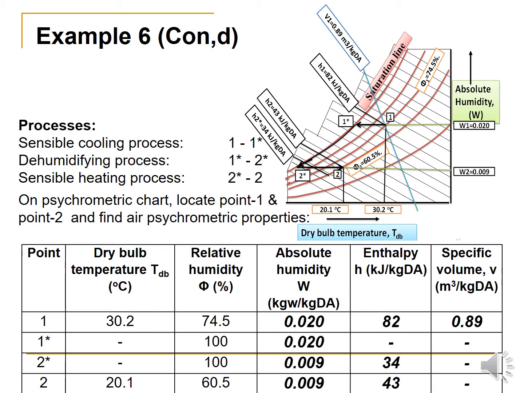At point number 2, the dry bulb temperature is 20.1 and relative humidity is 60.5, and absolute humidity will remain the same, and enthalpy was found to be 43 kilojoules per kg of dry air.